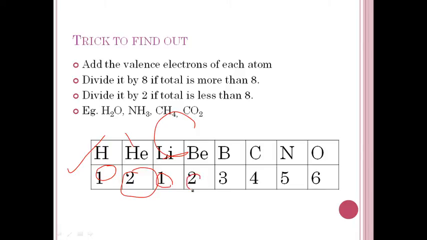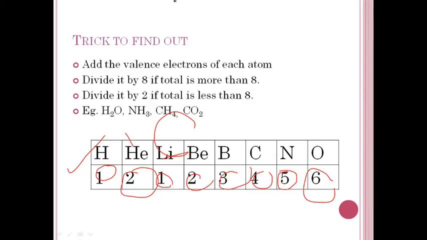And what about beryllium? 2. Boron 3. Carbon 4. What is the atomic number for carbon? It is 6. But only the outermost 4 electrons are going to take part in the bonding. Nitrogen is 5 and oxygen is 6. This should be in your mind. Then we can solve some problems.